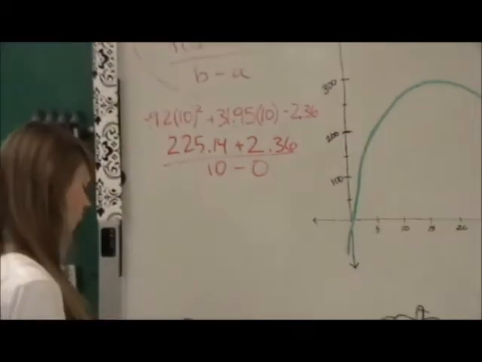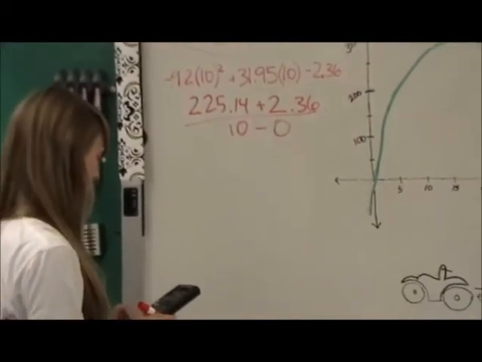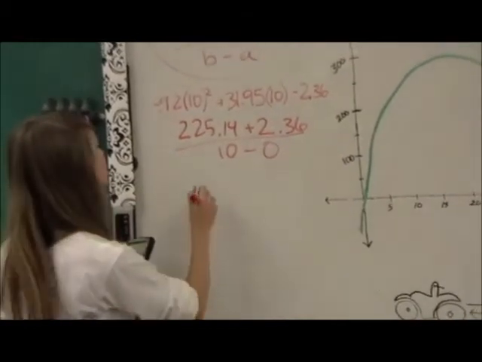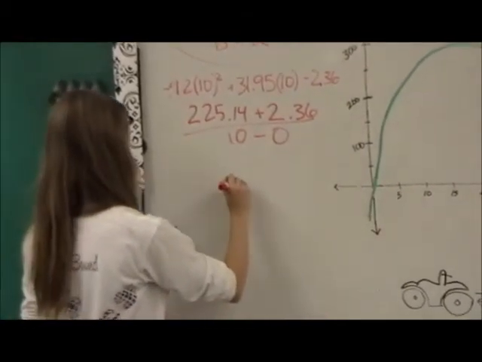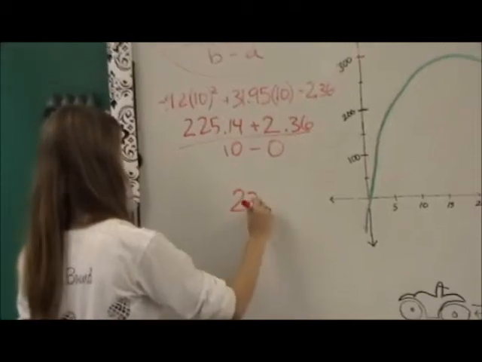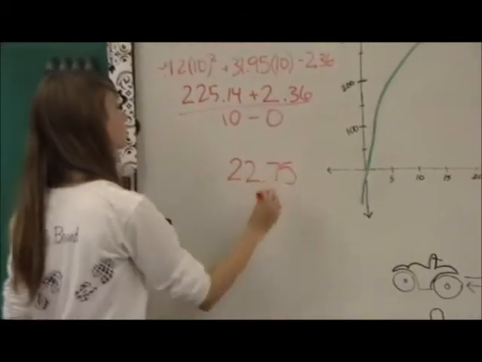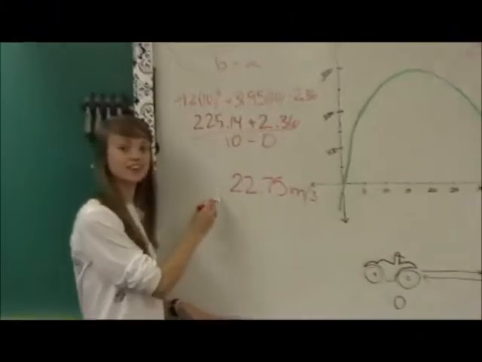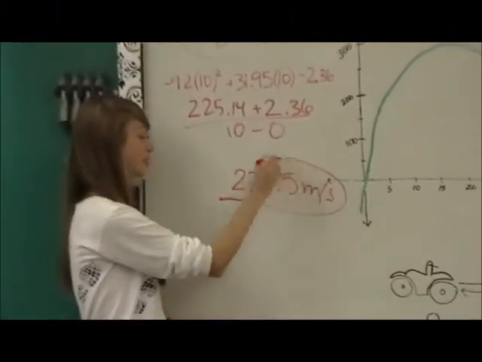So that is 22.75. And this is your average velocity.